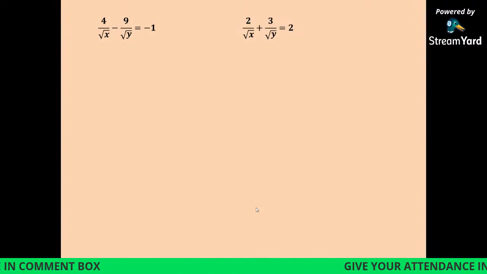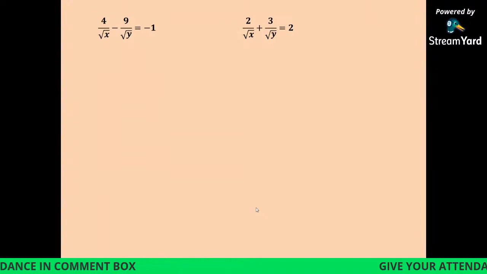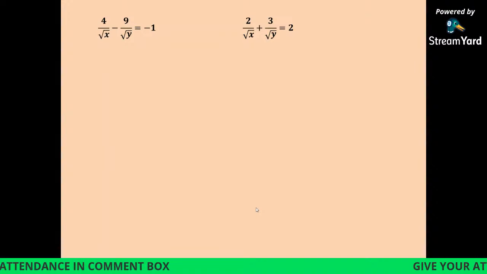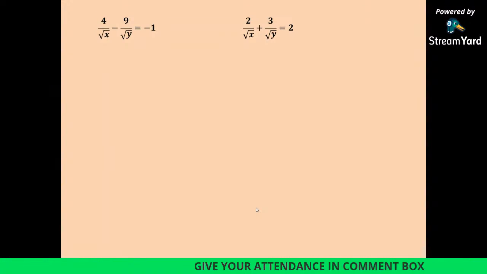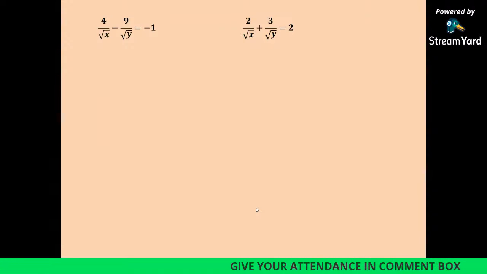A few selected questions I have taken for the class so that it will be familiar for you to solve the remaining ones. Here one more question: 4 divided by root x minus 9 divided by root y is equal to minus 1, as well as one more, 2 divided by root x plus 3 divided by root y is equal to 2. Here, what should be our assumption?